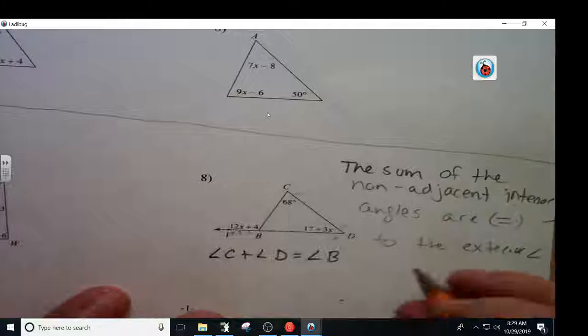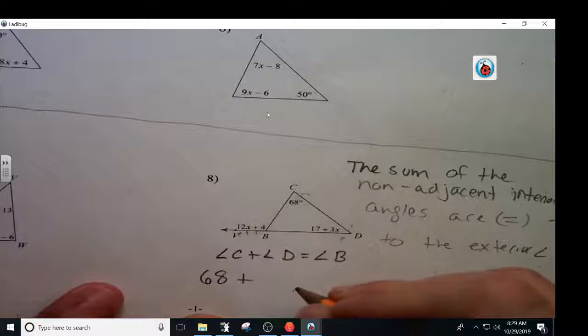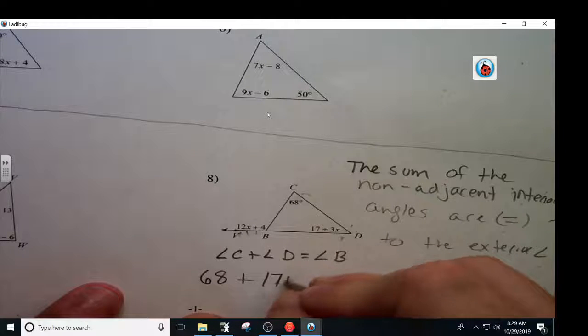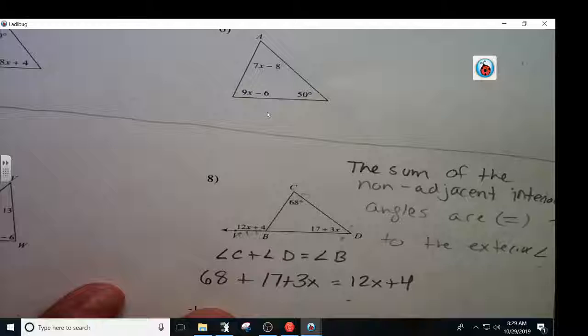Now angle C is 68. Angle D is 17 plus 3x. And angle B is 12x plus 4.